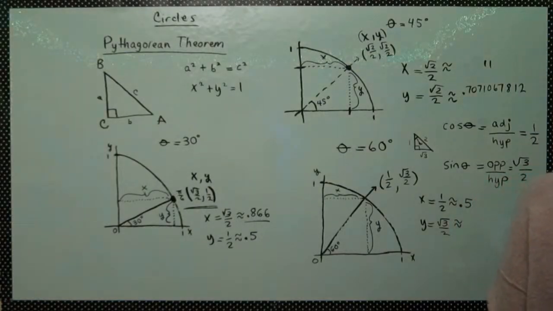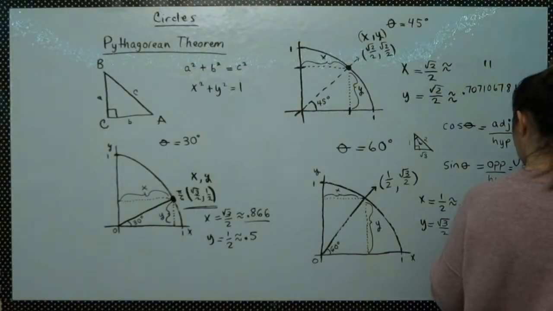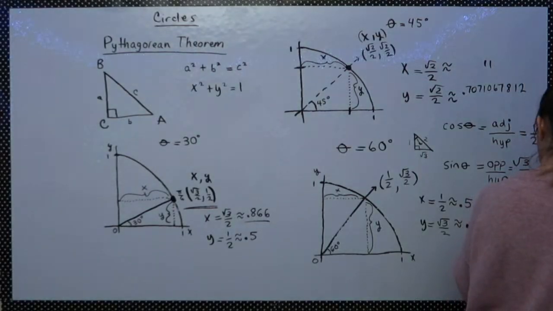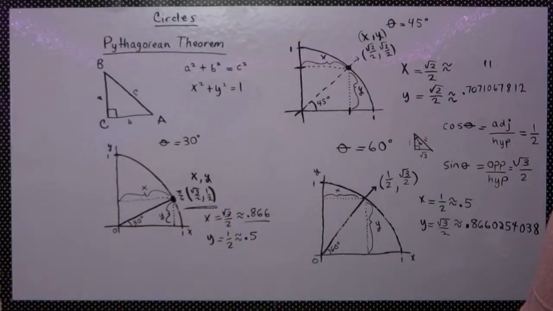It's not a standard that I think that's just an unreasonable expectation, but 0.8660254. Okay, good. And get out of the way so you can see it. Okay, and did that.